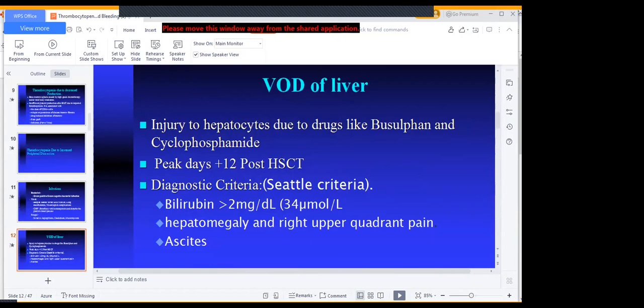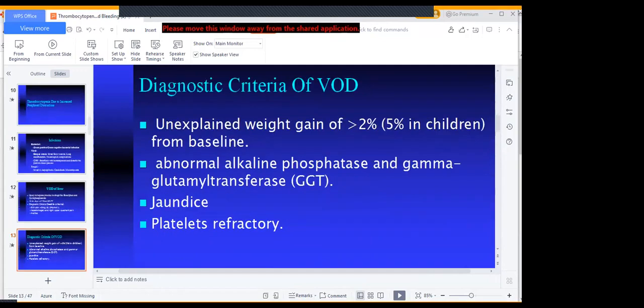The peak day of VOD in the liver is day plus 12 post BMT, and we make the diagnosis on the Seattle criteria: if bilirubin is more than 2 milligram per deciliter, and hepatomegaly and right upper quadrant pain, ascites, and unexplained weight gain of more than 2%, and 5% in children, from the baseline, abnormal alkaline phosphatase and gamma glutamyl transferase GGT, jaundice and platelet refractoriness.